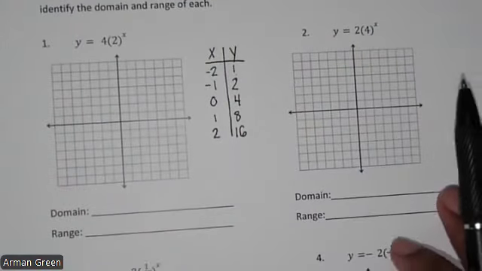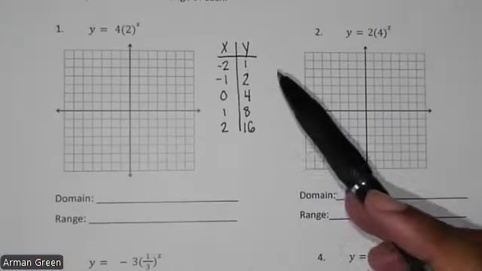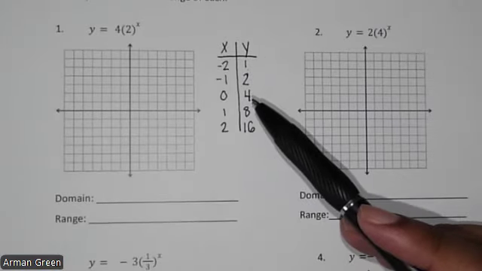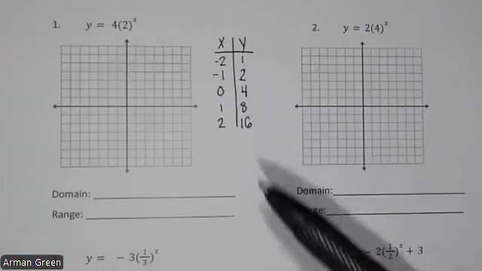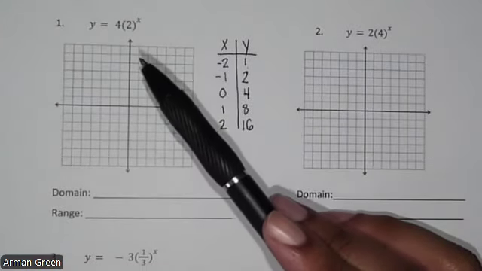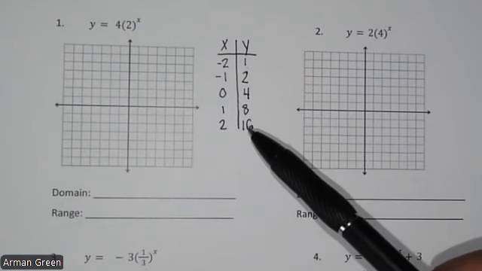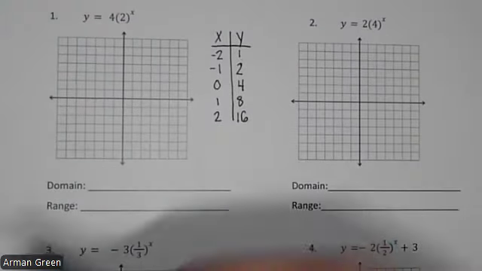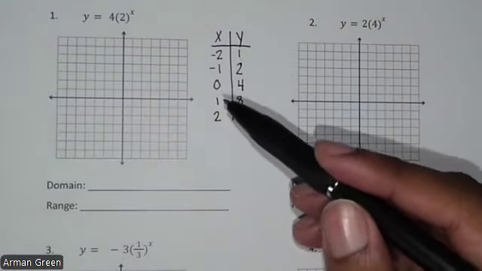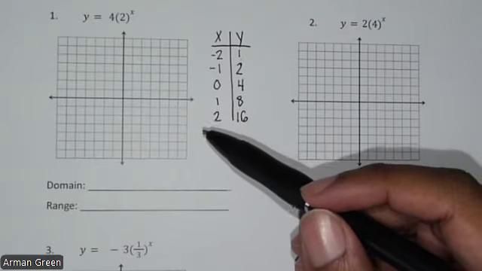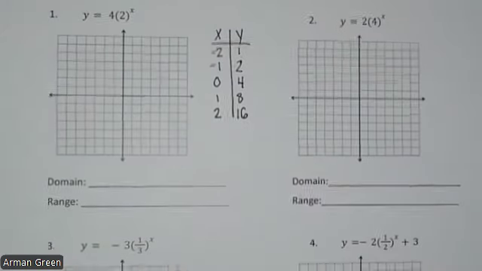Now, if you're still confused on how I got these numbers in our y column, I would suggest taking a little bit of time to plug these numbers into your function and make sure that your numbers match what I got here. But I'm going to take this information and move forward, and start creating the graph based off of this.